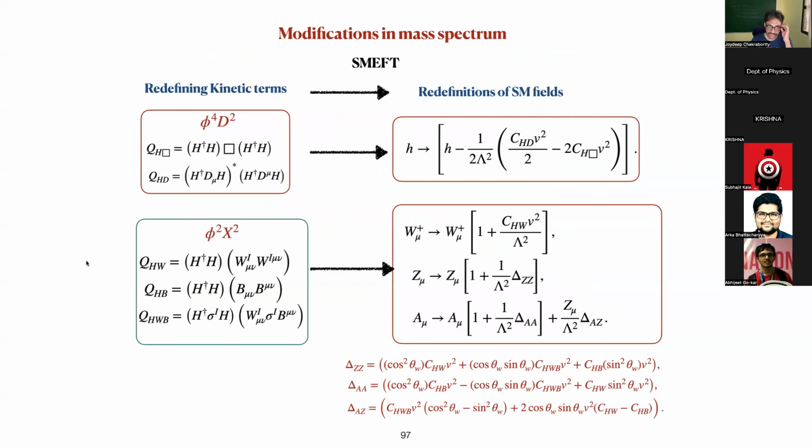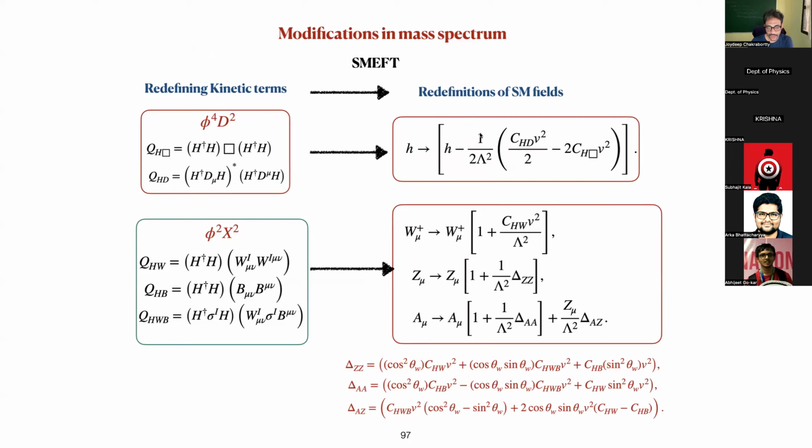Okay, so now explicitly you can see how these things actually work, which I call the pictorial thing. When you have this phi^4 D^2 operator, there are two such operators, which are basically H dagger H box H dagger H and this quantity. Once this H is replaced by the vev, you can see that it is a v^2 times this thing. Because you have to make it dimensionless, there is a typo here: this H should be outside the 1 minus kind of thing.